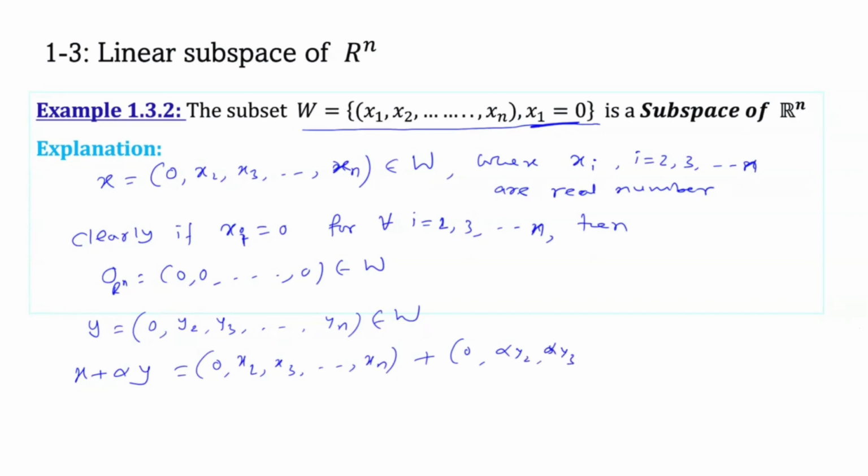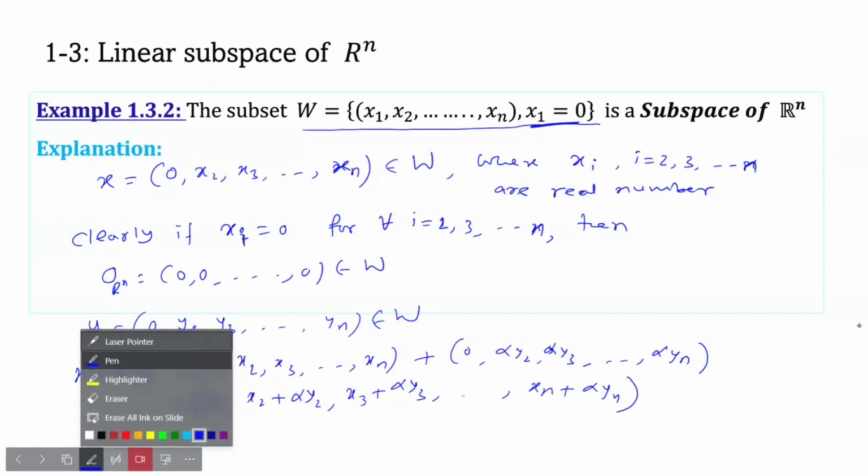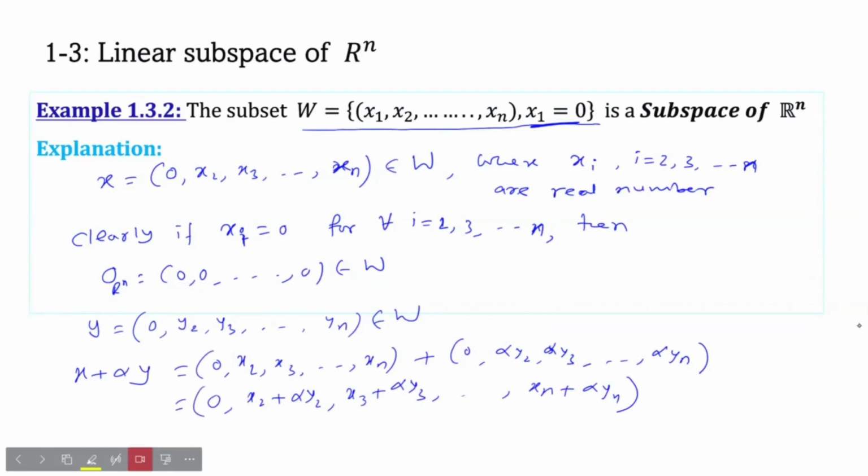Then you will have x2 plus alpha y2, x3 plus alpha y3, and so on up to xn plus alpha yn.